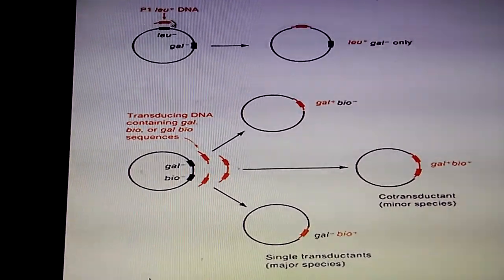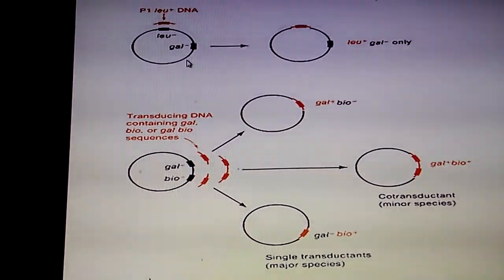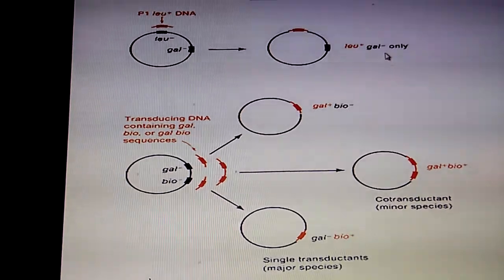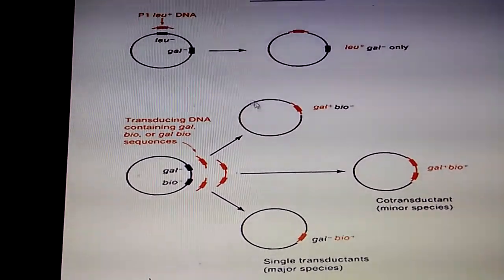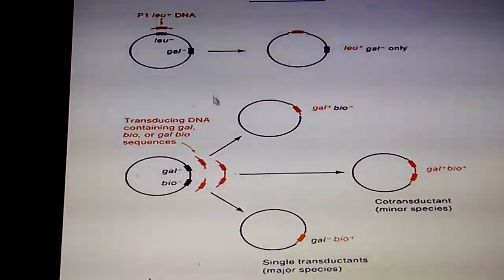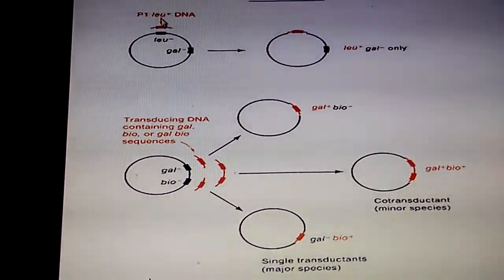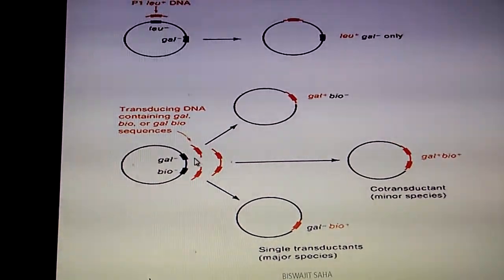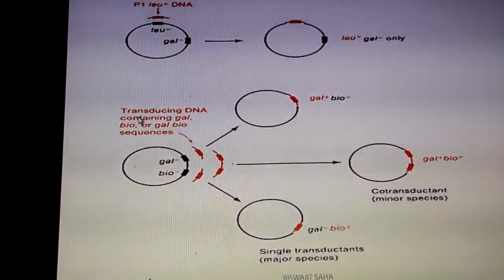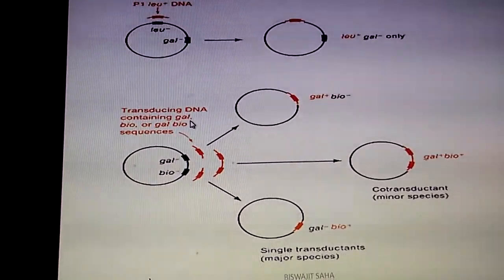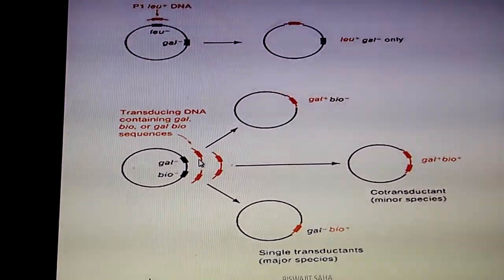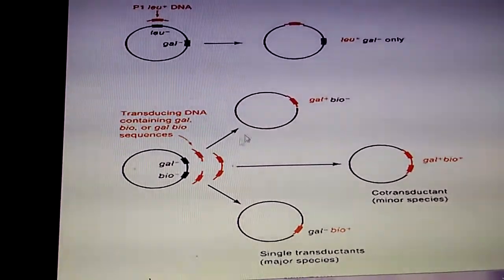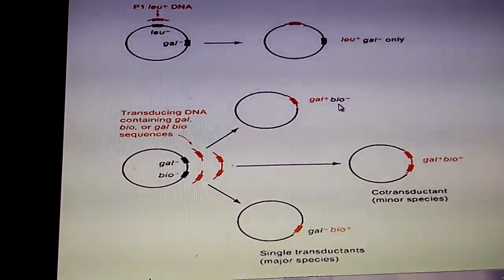Okay, so that is why you can generate either Leu plus transducing particle or maybe the Gal plus transducing particle. If you generate Leu plus transducing particle and infect a bacteria that is Leu minus Gal minus, in that case a double recombination event will generate a Leu plus Gal minus bacteria only. Simultaneously, if you generate a Gal plus transducing DNA containing galactose gene only, then a recipient bacteria which is Gal minus and Bio minus, a double recombination event will ultimately generate Gal plus Bio minus.